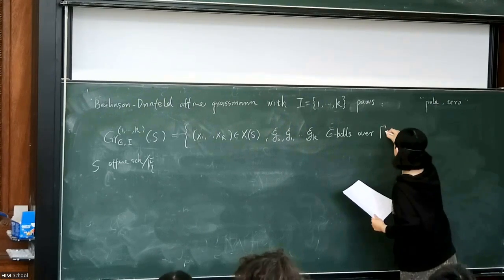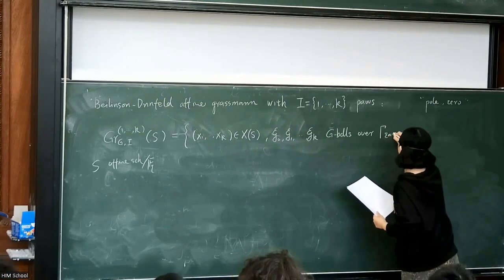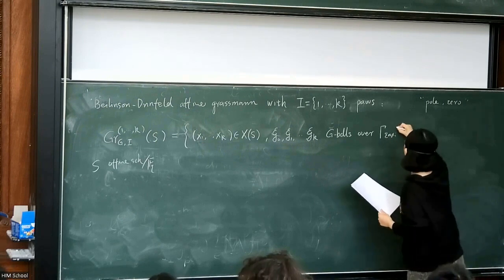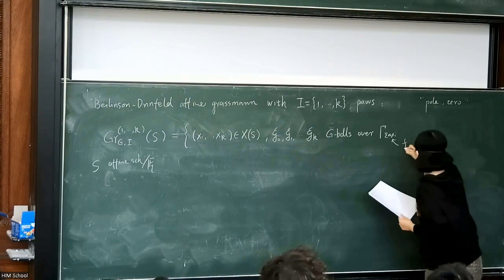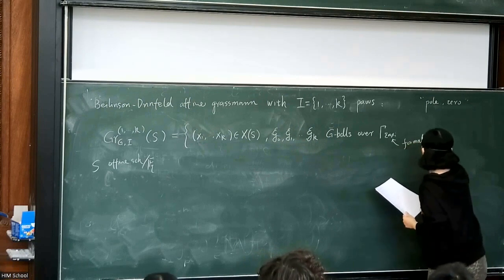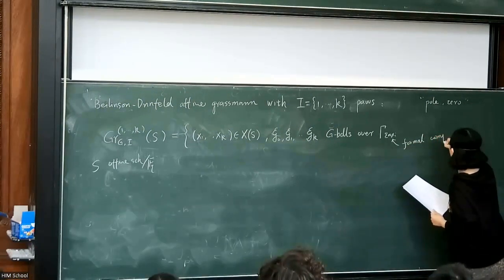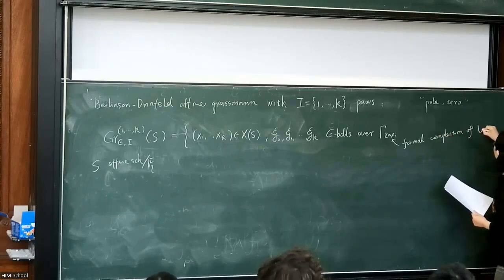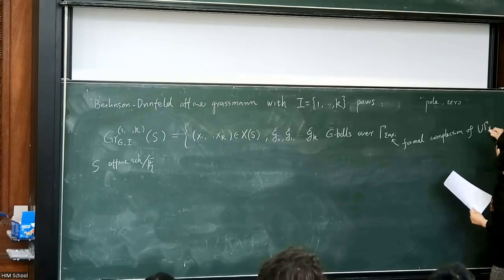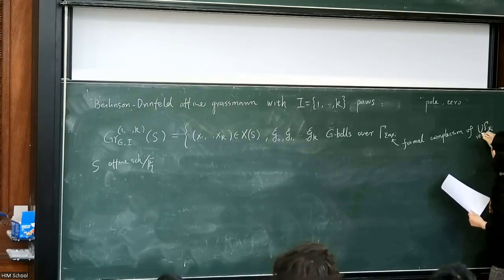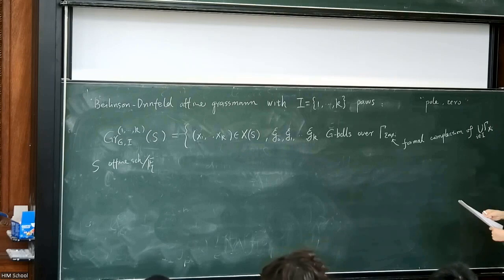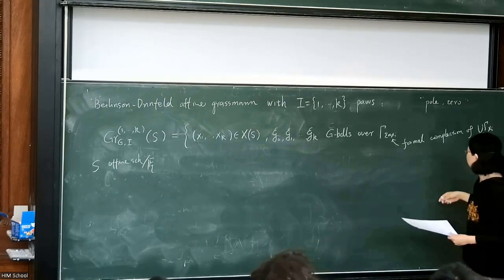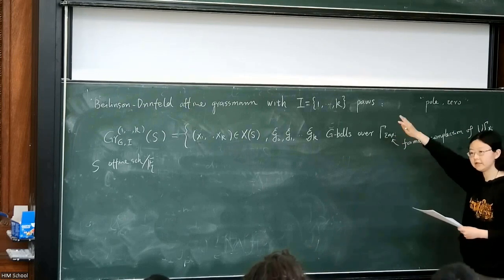So I use this notation. It means the union of graphs, and some generalization of the formal disk.